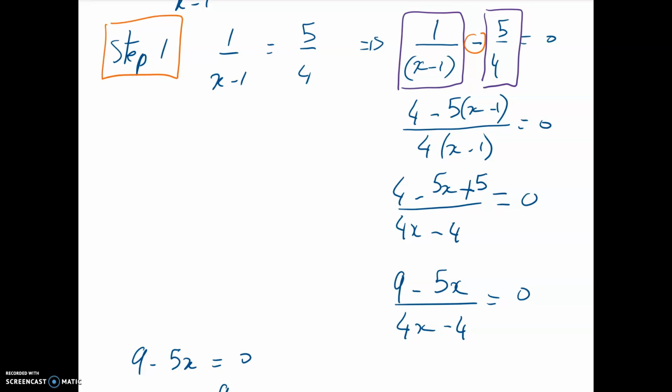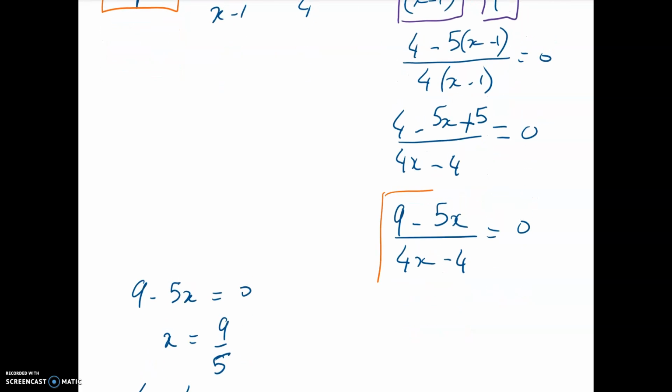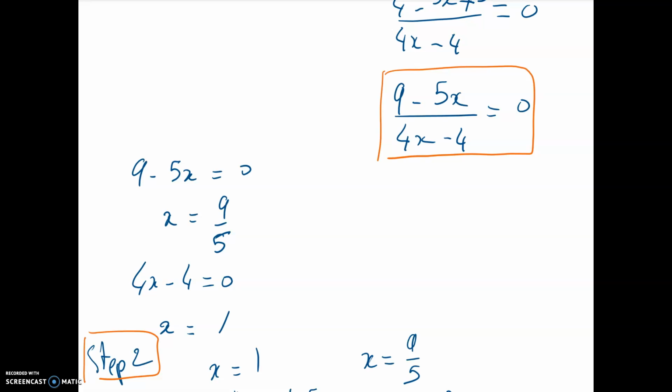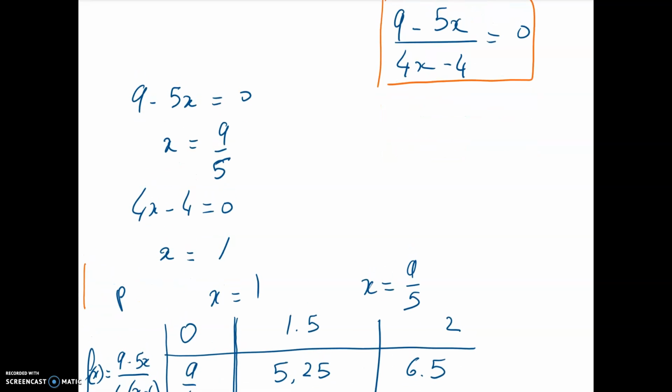So therefore you are able at the end to have 4 minus 5 times x minus 1 divided by 4 times x minus 1, and so finally the answer is going to be 9 minus 5x over 4 times x minus 1, which is 4x minus 4. So you can definitely look at step number 2. I'm going to write step number 2 right here because step number 2 starts right here.